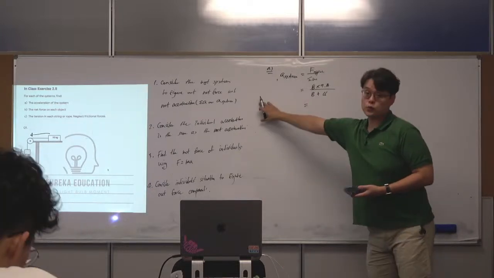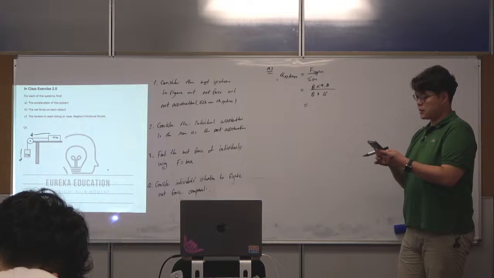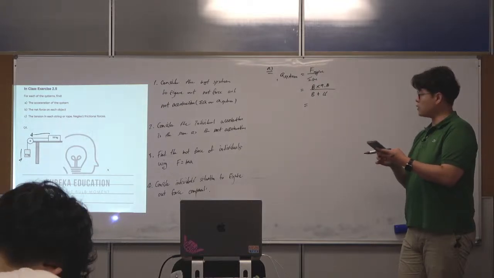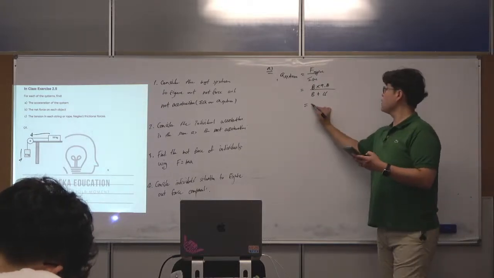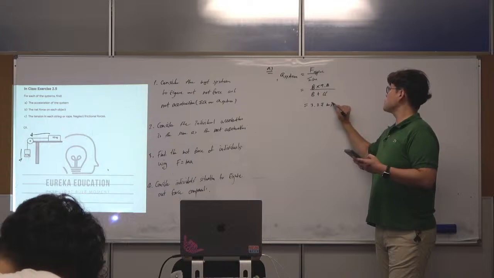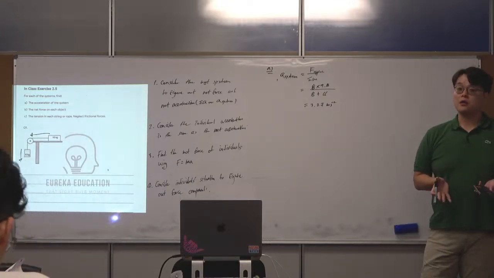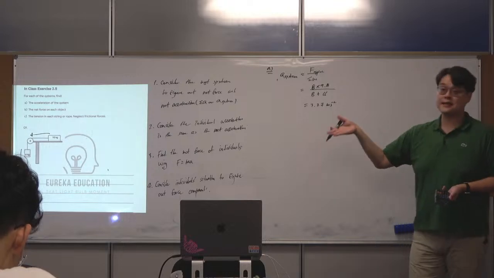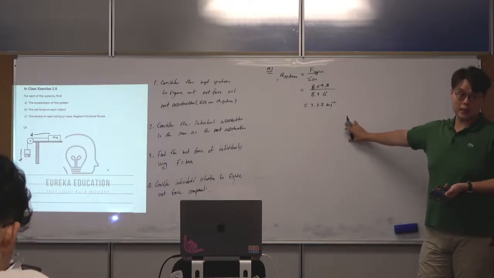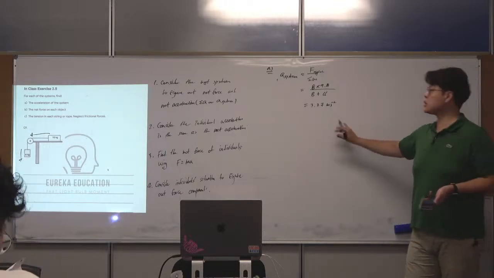Same method as we did in the previous questions. So 8 times 9.8 divided by 24, you get 3.27 meters per second squared. I will leave the direction here because it will be different for the 8 and 16 kilo. But does it make sense? Shall we do the next?